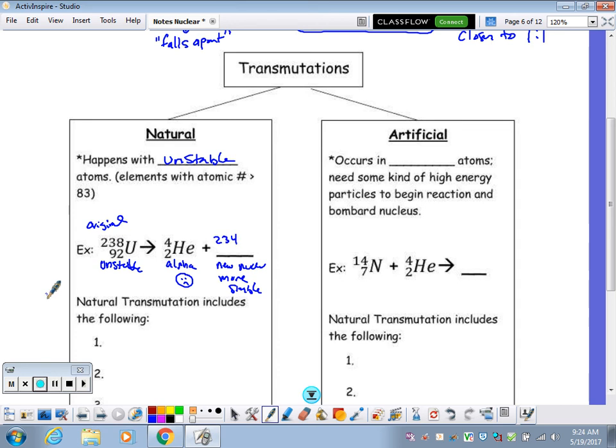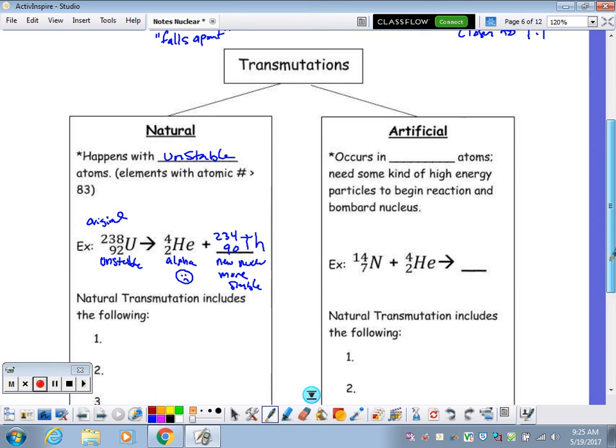On the left-hand side, the total number of protons is 92. The alpha particle takes 2 of those protons with it, so the new structure must have the other 90. And if you go to your periodic table and find atomic number 90, you will see that the new nucleus belongs to an element with the symbol Th, which is thorium.